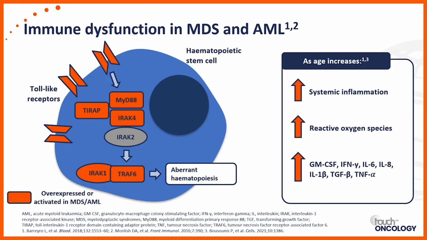And this is also driven by the overactivation and overexpression of receptors on the cell surface of these progenitor cells, mainly toll-like receptors and their respective ligands. This is also associated with the generation of reactive oxygen species, TGF-beta, and other cytokines, which, with an autocrine loop, also foster this inflammatory process in the bone marrow.